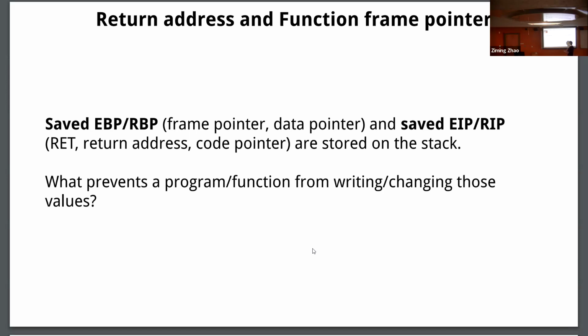Also, we have the frame pointer, the EBP or RBP, the saved one on the stack, and the EBP and RBP register will point to the saved one there, right? So that is our base pointer. When we execute in that function, we use that to reference local variables. We use that to reference parameters, right?